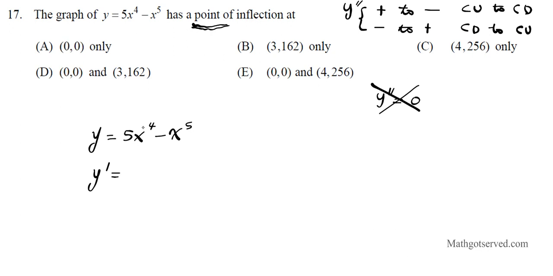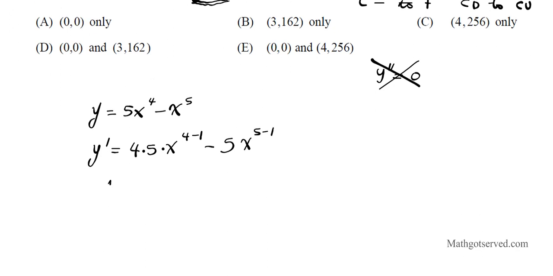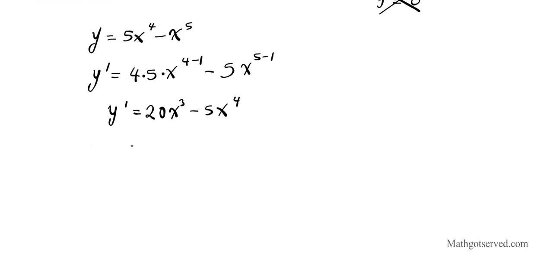Y prime equals, using the power rule, 4 times 5 times x to the 4 minus 1, minus 5 times x to the 5 minus 1, using the power rule again. So the first derivative, y prime, is 20x to the third minus 5x to the fourth. The first derivative tells us whether it's increasing or decreasing. That's not what we want, so let's differentiate it again.